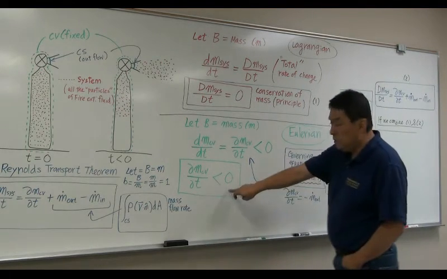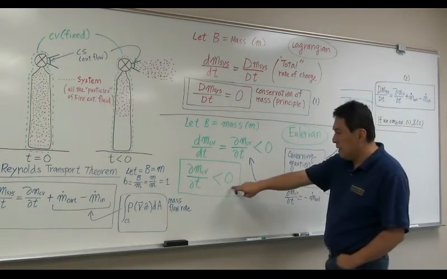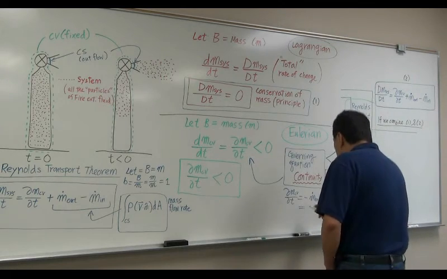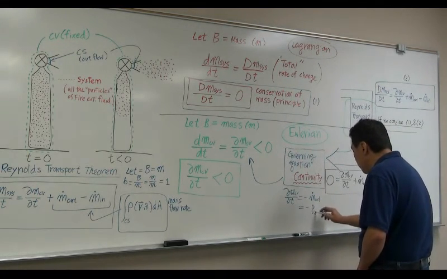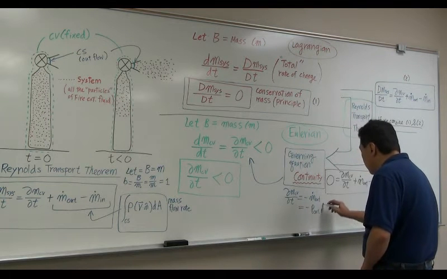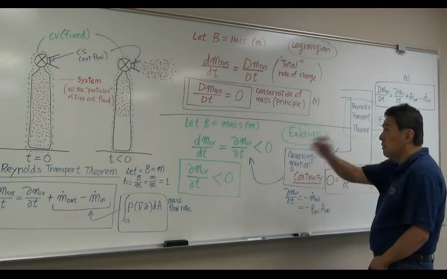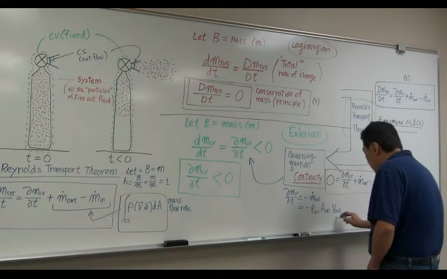So this must be some kind of negative value. Yeah, that's right. What is the mass flow rate? Mass flow rate is the density of the fluid, times the cross-section area of the control surface, times the velocity of the flow out.